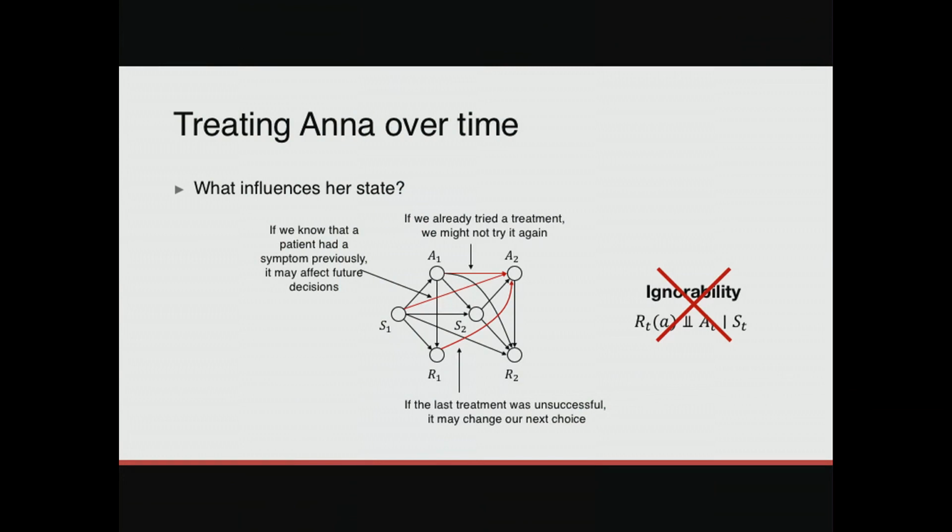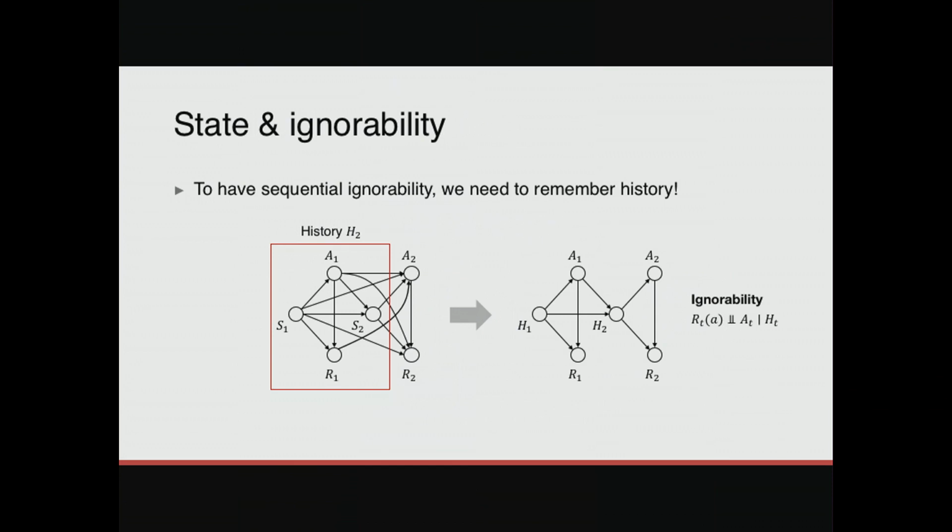So if I don't have the information about what was it, an allergic reaction or some symptom before, in here, then I have to do something else, right? So exactly that is the point. If I can summarize history in some good way, if I can compress all of these four variables into some variable h standing for the history, then I have ignorability with respect to that history h.